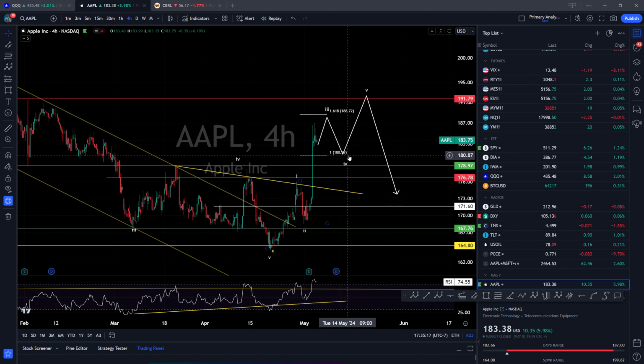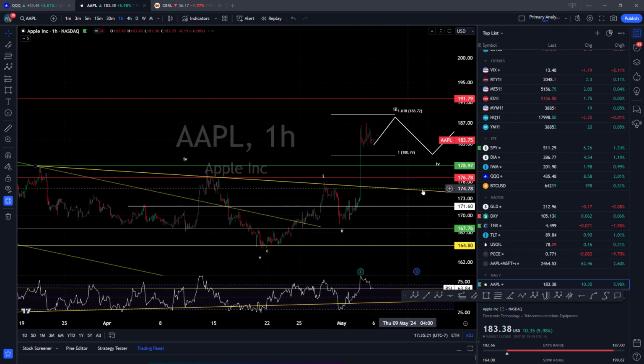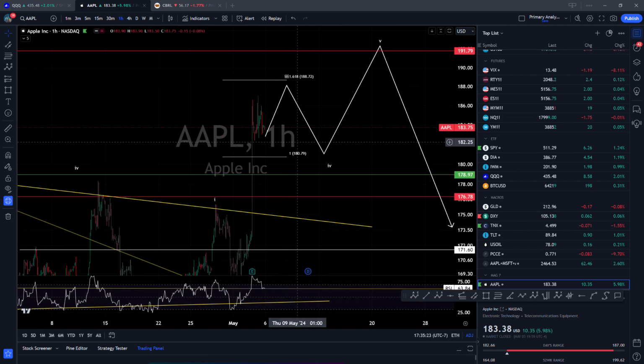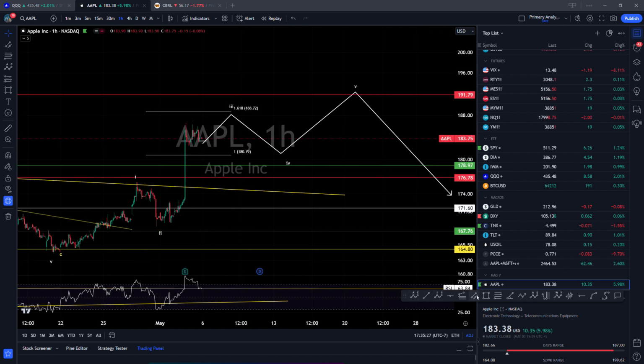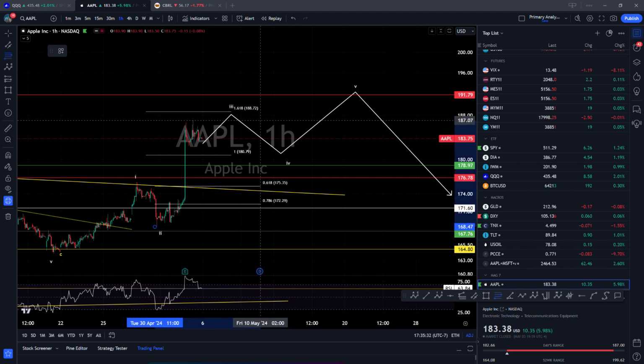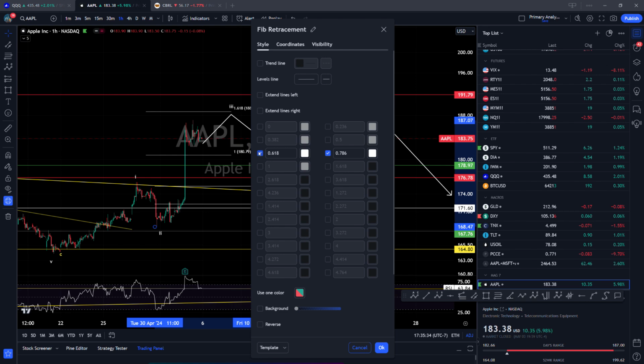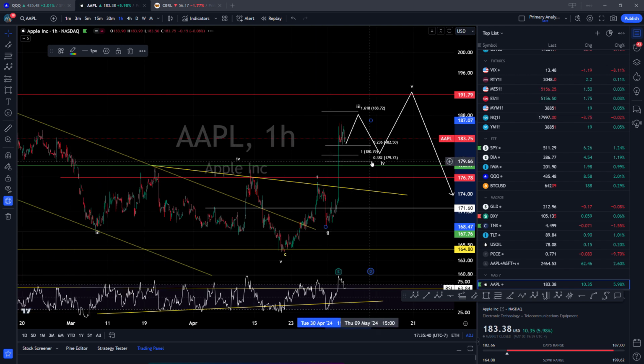Basically, if you want to do longs, you can do longs here on a dip for a wave 4. If this is your wave 3, you are looking at somewhere around a 38% retracement for that, so around the 179 area, which is a very good support here.